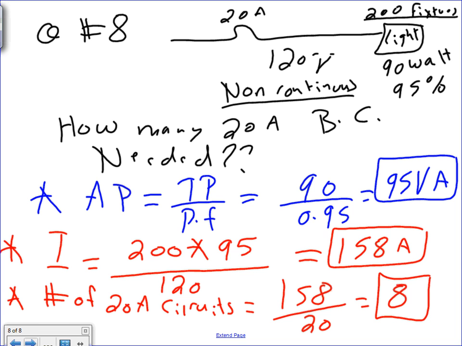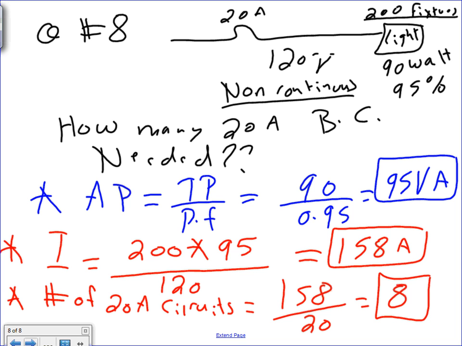So you multiply this 20 by 0.8, so you're dividing by 16. 158 divided by 16, you need 10 circuits. Had this been a continuous load, you need 10 circuits.